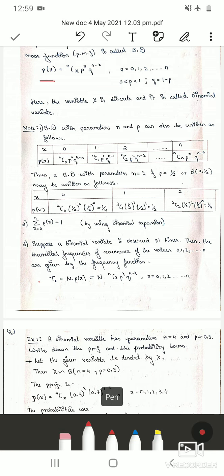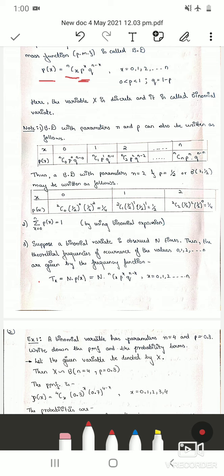So write it as small p of x, and I hope you guys remember how to calculate combination, which is nCx. Let me repeat the formula for combination, which is n factorial divided by n minus x factorial into x factorial. There we might have used nCr, here it is nCx, the formula remains the same.